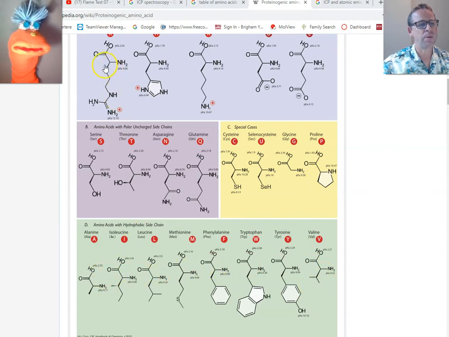And then we have the carboxyl group and what we call the amino group, and that's why they're called amino acids. Okay. And then you have the rest, or what we call the side chain, and the 20 different amino acids differ in terms of the different kinds of side chains that they have.